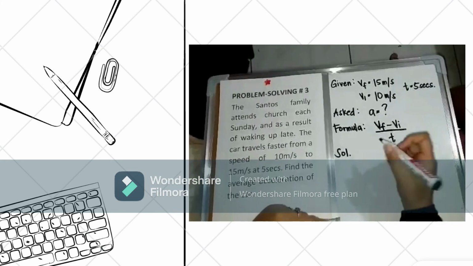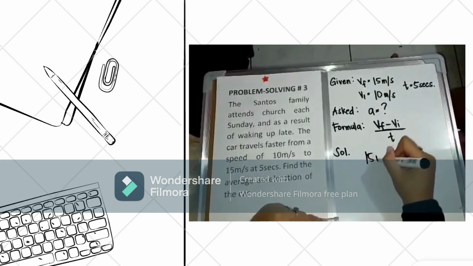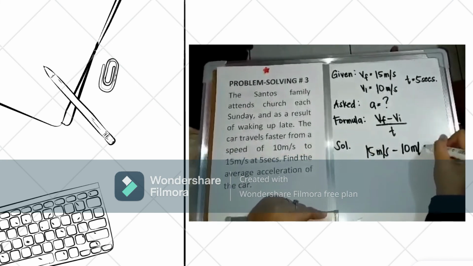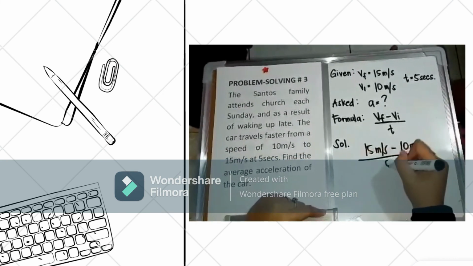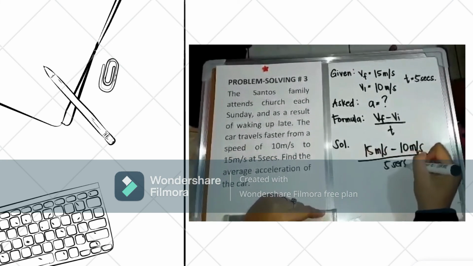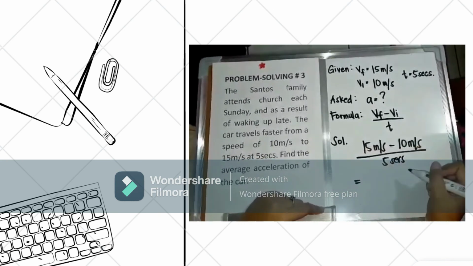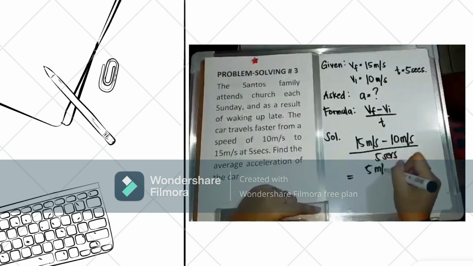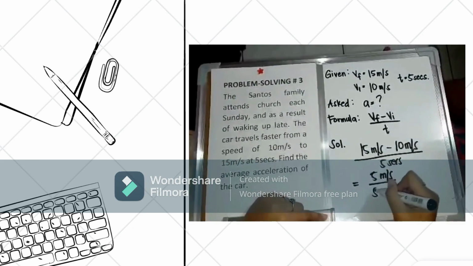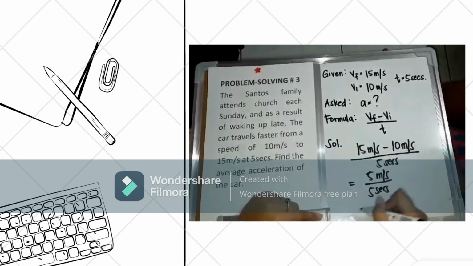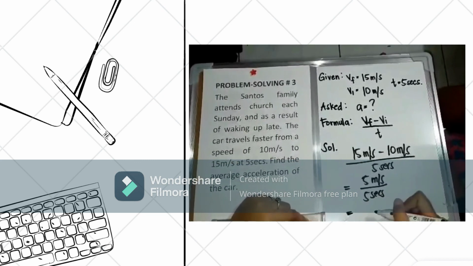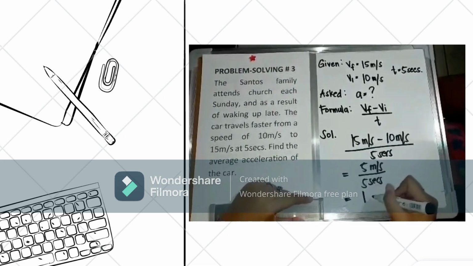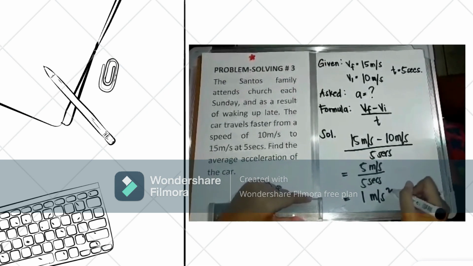So we will substitute 15 meters per second minus 10 meters per second divided by 5 seconds. 15 meters per second minus 10 meters per second is 5 meters per second divided by 5 seconds. We will divide, so the acceleration of the car is equal to 1 meter per second squared.